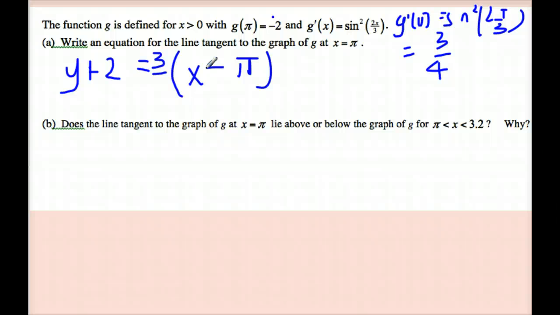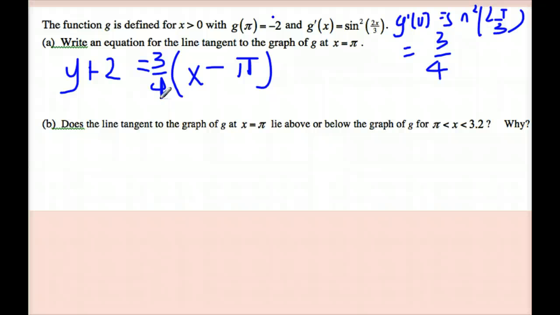Then it says, does the line tangent to the graph of g at x equal pi lie above or below the graph at pi less than x less than 3.2?